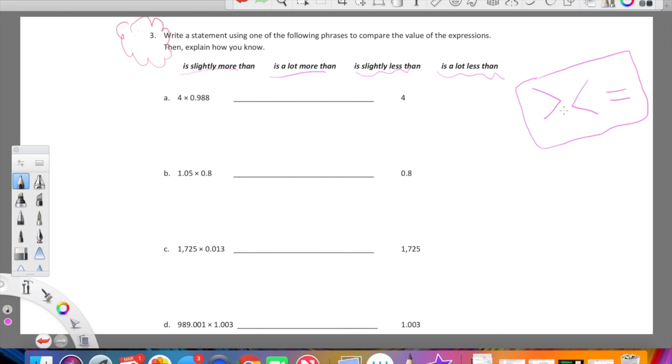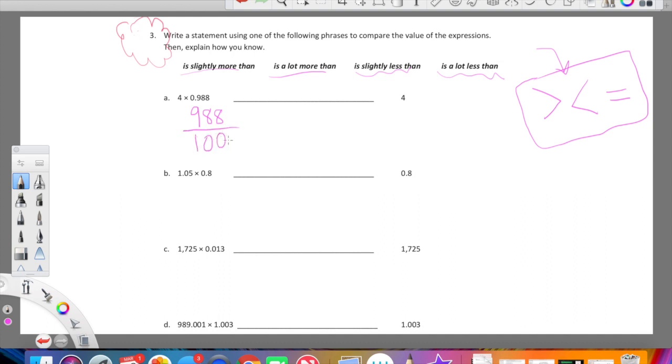Is it slightly more than? We're honing in on what we were doing in lesson 22 and going deeper into that. So here we're multiplying 4 by a scaling factor of 988 thousandths. 988 thousandths can also look like that in fraction form.